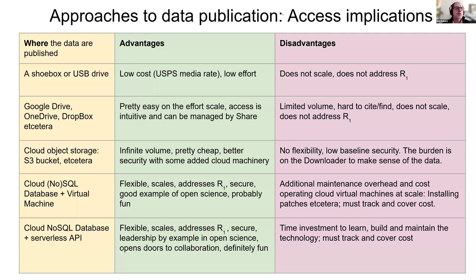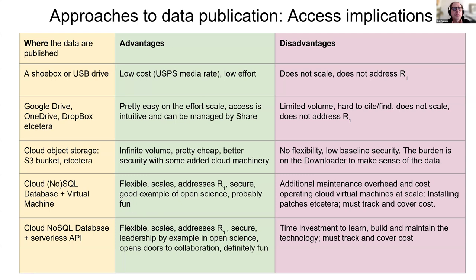So this table I showed earlier, this is just another copy of it. And the point here, again, not to belabor it, is the very bottom row, which is the complicated example that we're talking about today: a cloud NoSQL database connected to a serverless API.